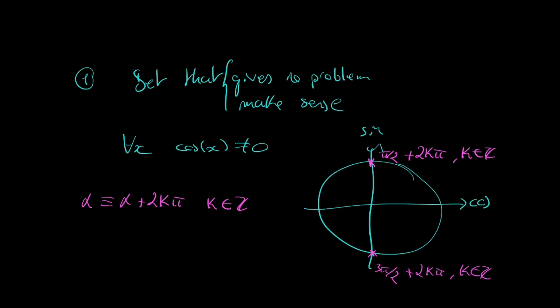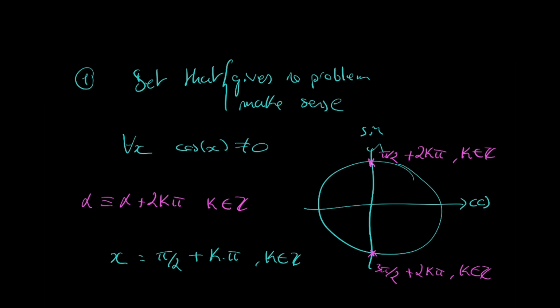But this is also the same thing as just saying pi over 2 plus k pi, because plus k pi means that I've got pi over 2 plus half a turn, plus half a turn, plus half a turn. So the solution is x equal to pi over 2 plus k times pi, with k a relative number.